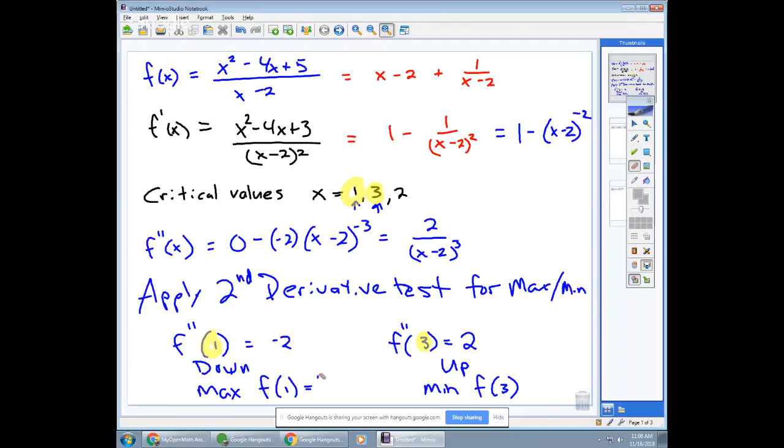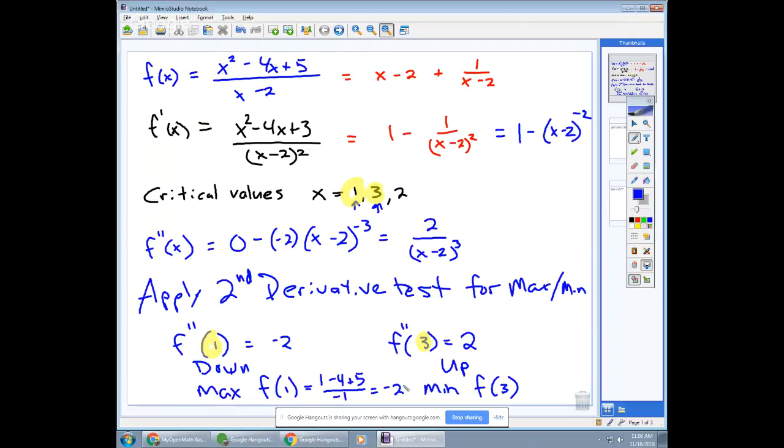So we've got the function right here. Let's do it. If we plug in a 1, we're going to get 1 minus 4 plus 5 over negative 1, which gives me negative 2. Is that right? Yeah. Coincidence.